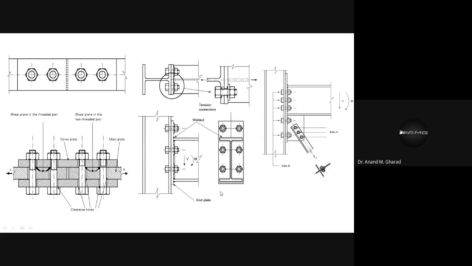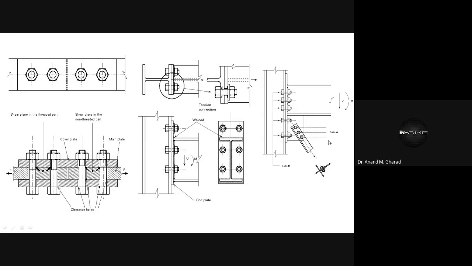So there is a combination of welded connection as well as bolted connection, which forms the moment resisting type of connections. Okay? So we have also seen what are the moment resisting type of connections. Here, this is a typical connection in which the bolts will experience tension as well as shear. And what makes the bolts experience the tension force?